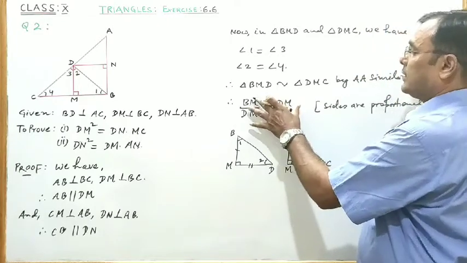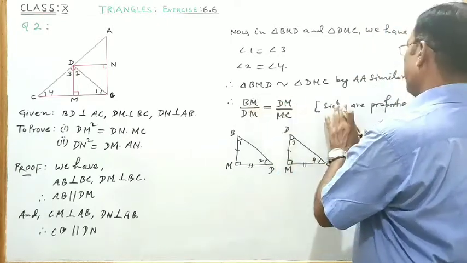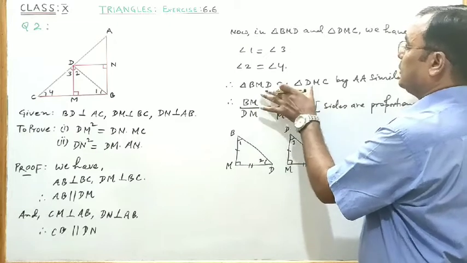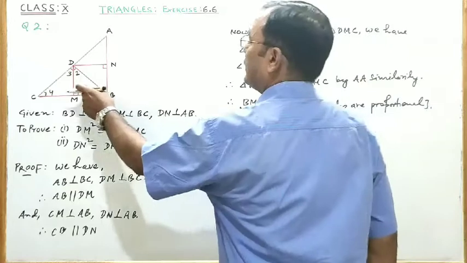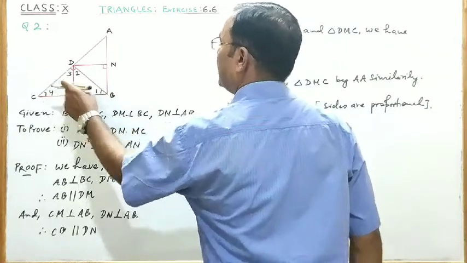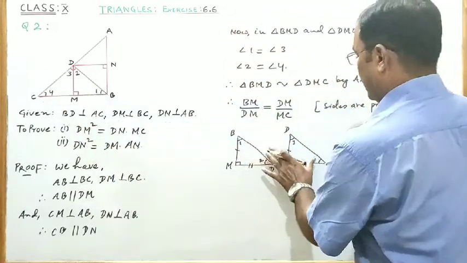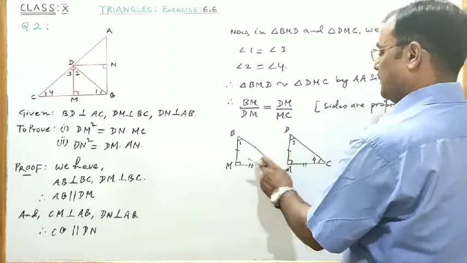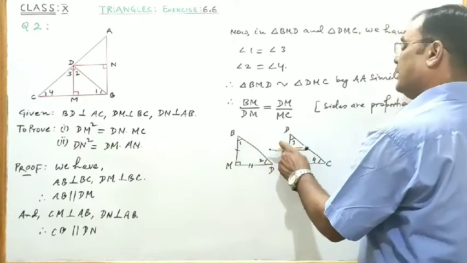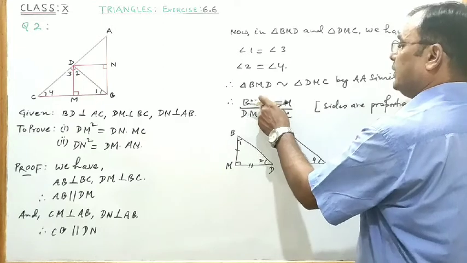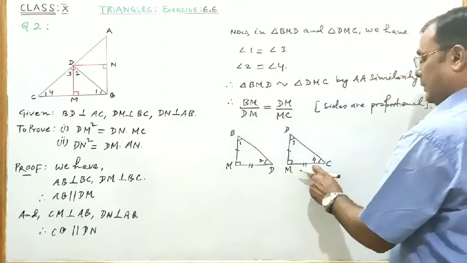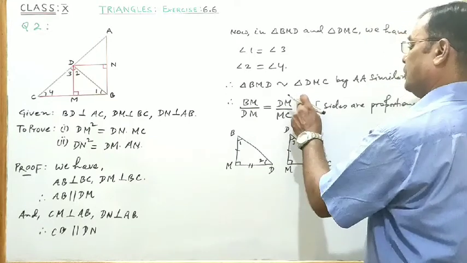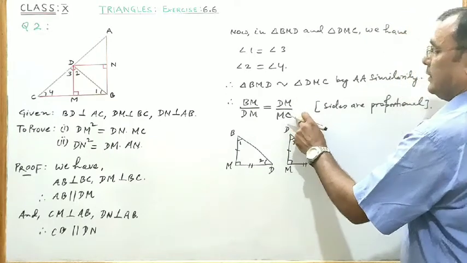To understand this proportionality of sides in two similar triangles that we have already proved, we have drawn triangle BMD and DMC separately here. And now from this figure it is very clear that BM and DM are corresponding sides, so it is written BM by DM. DM and MC are corresponding sides, so DM by MC.